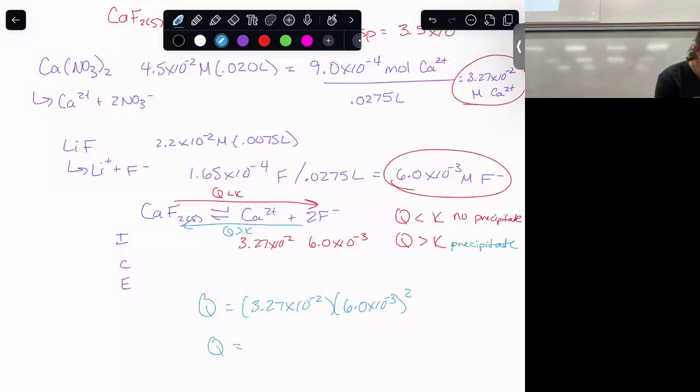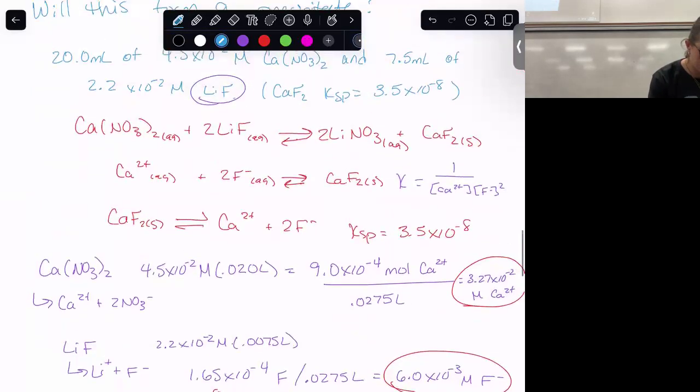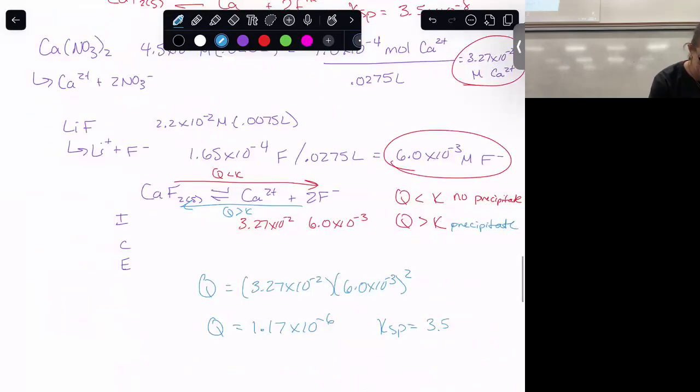I got Q is equal to 1.17 times 10 to the negative 6. Is that what someone else got as well? Okay. So I said that Q is 1.17 times 10 to the negative 6, and KSP was 3.5 times 10 to the negative 8.